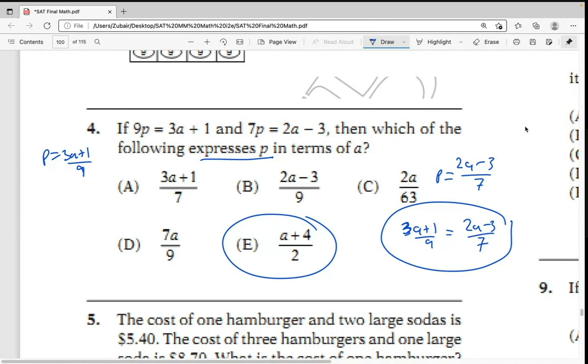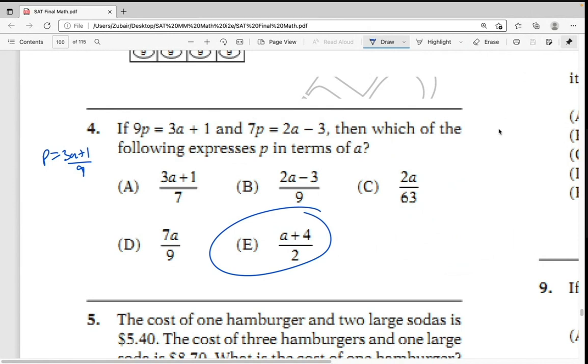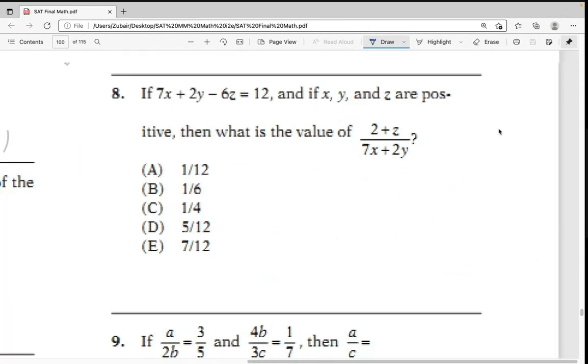If I add them, I get it. So you'll get P on one side and the denominator on the other side, which ends at option E. Try question number 8.